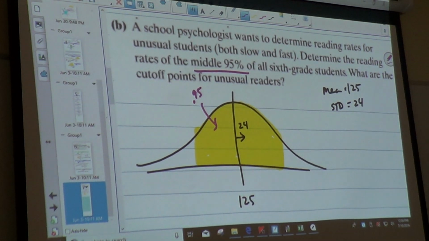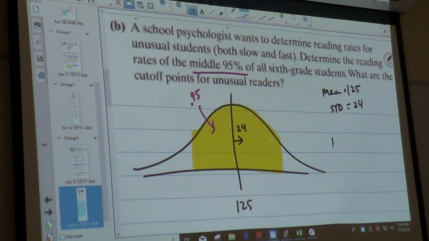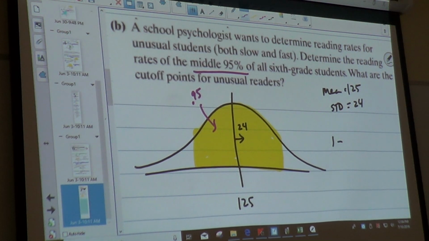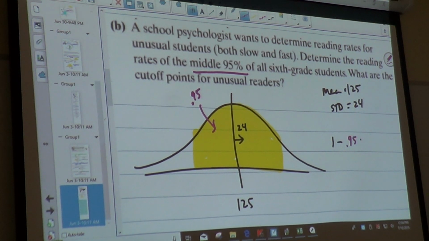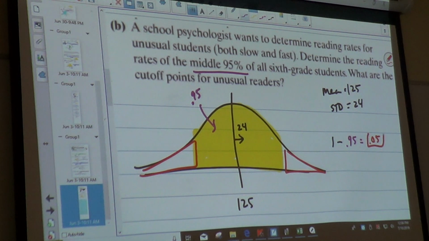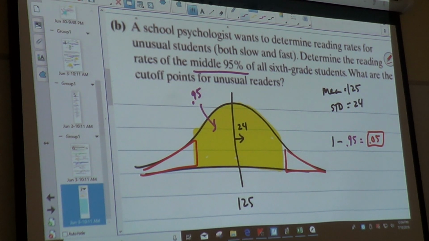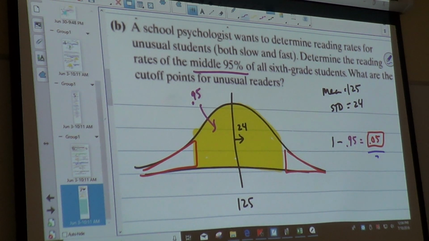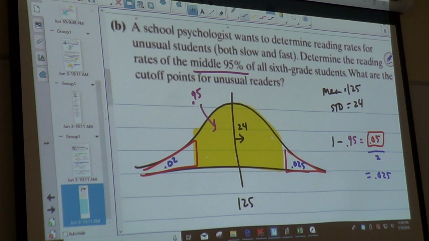So I did 1, which is 100%, minus the 0.95, which gave me 0.05. So that meant this and this together are the 0.05. Then I divided it by 2. And that told me that this was 0.025 and this was 0.025. So together that would give me the 5%.